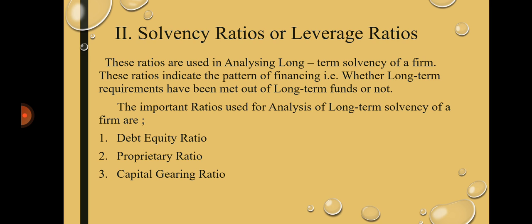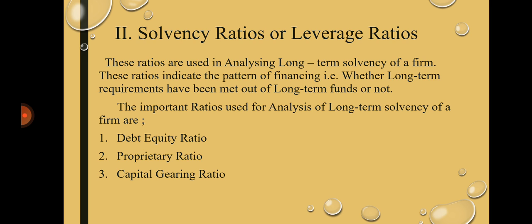Okay, the important ratios used for analyzing long-term solvency of a firm are: first one is debt equity ratio, second one proprietary ratio, third one capital gearing ratio. Okay, so these ratios are there for your syllabus. Other than these three ratios, we have equity to fixed asset ratio, equity to current ratio, current liabilities to shareholders fund ratios.